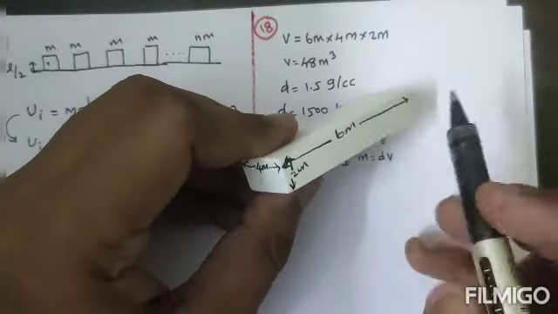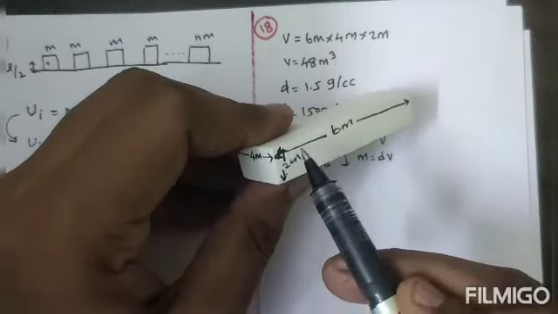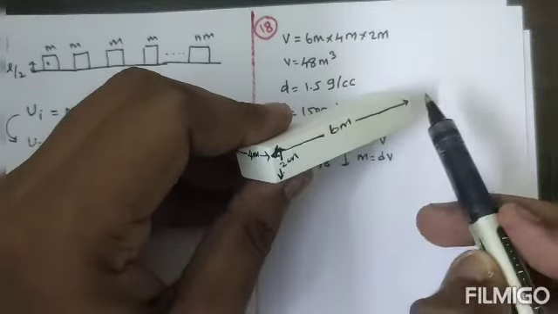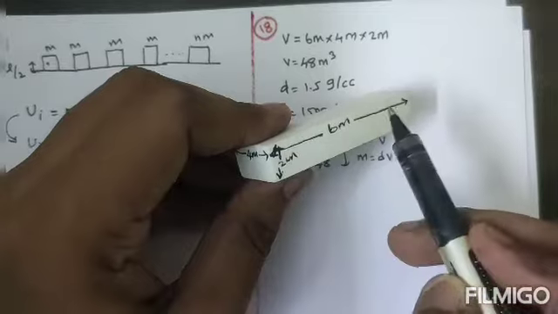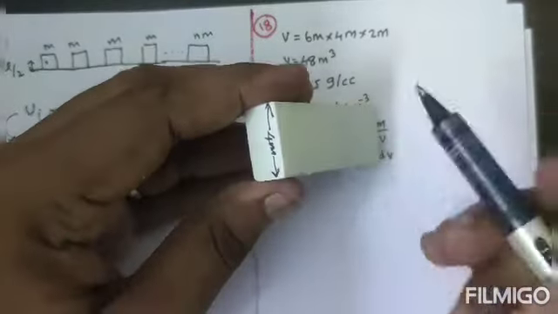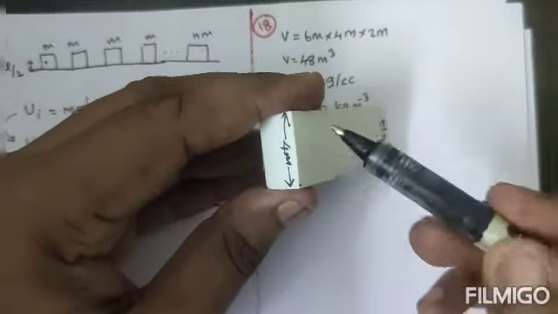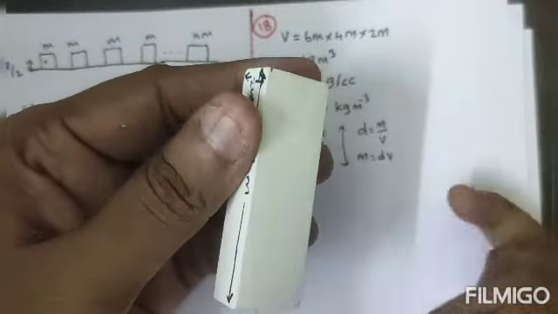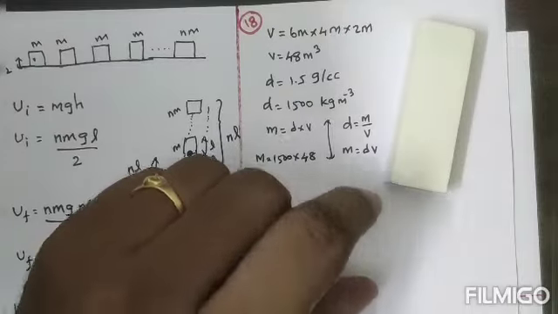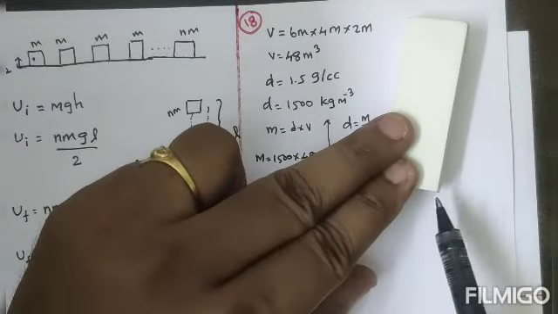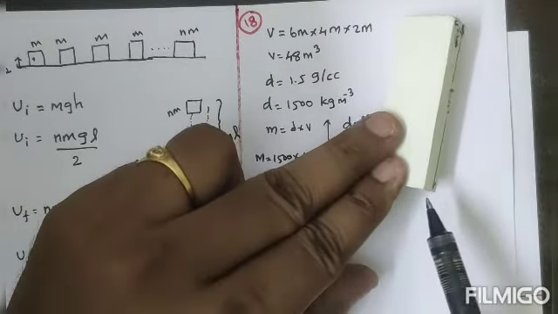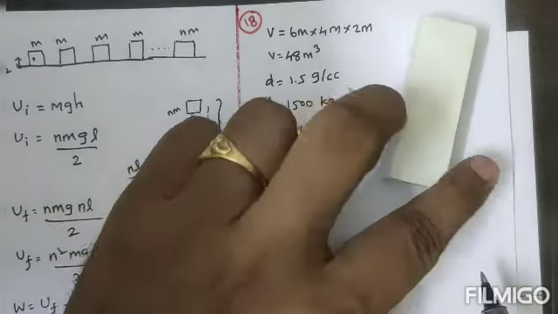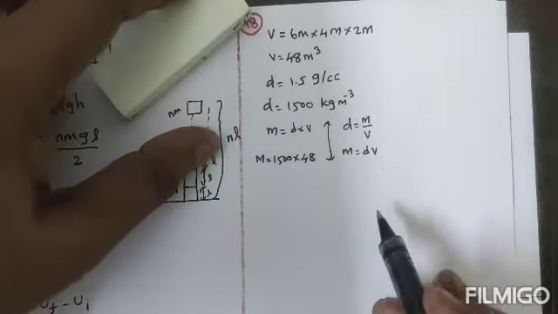Surely the 6 meter length and 4 meter width. This largest area is placed in contact with the surface, so the thickness is now considered as height. I'll draw a diagram.